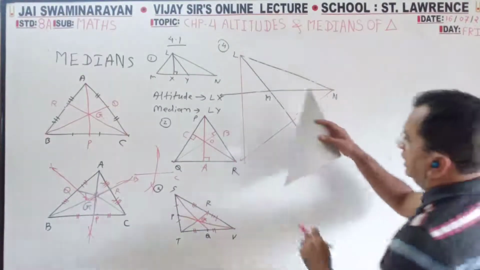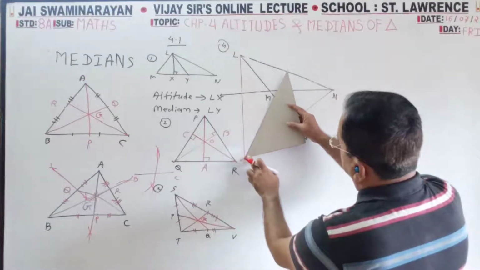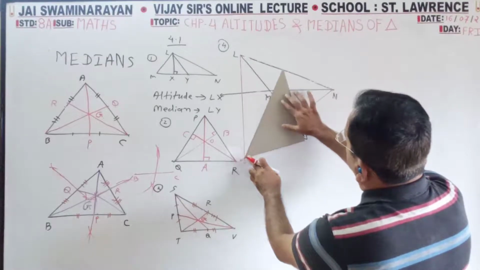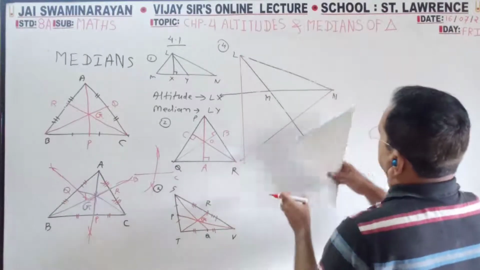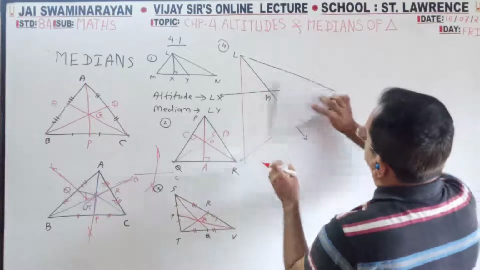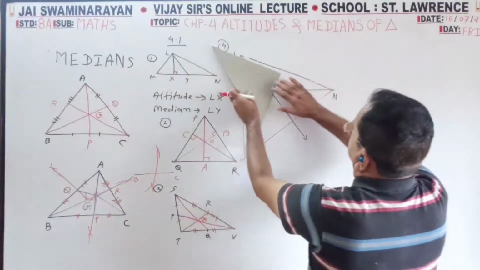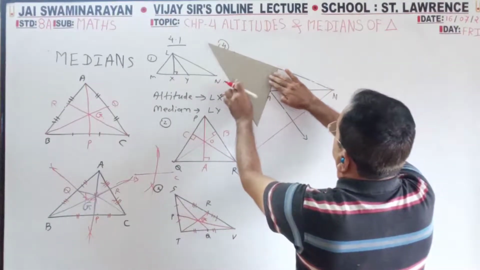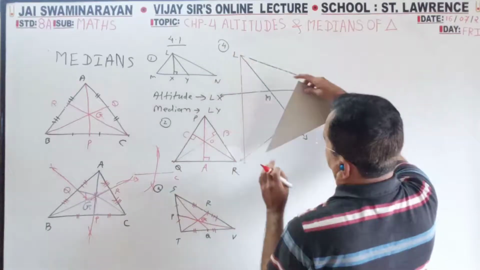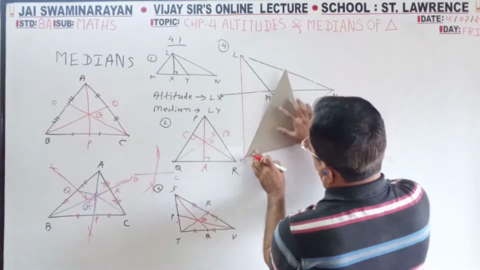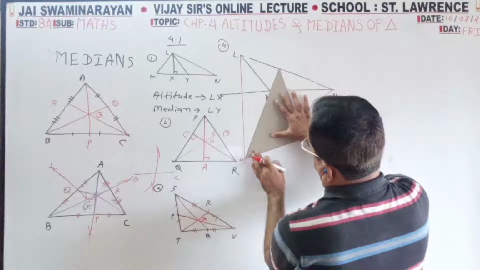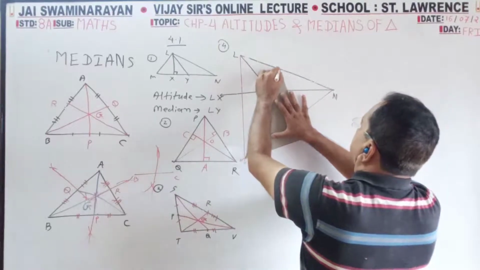Okay. Now from the midpoint, actually I will go here at 90 degrees, but if you join this, automatically it will be a midpoint. 90 degrees. So join this.